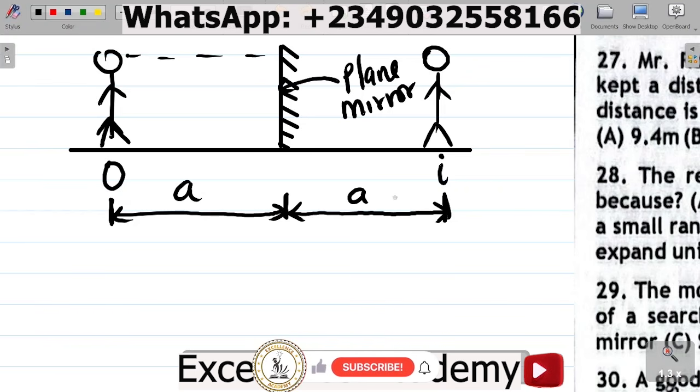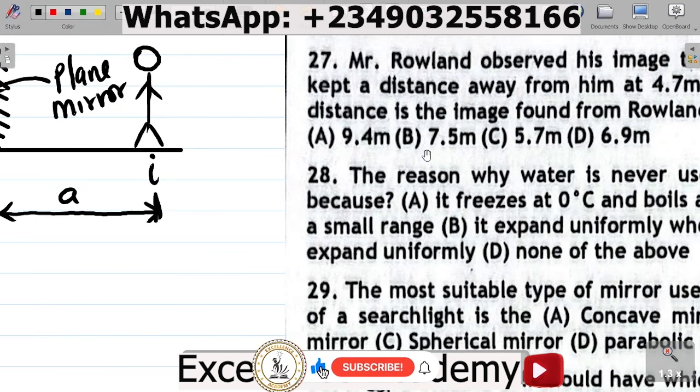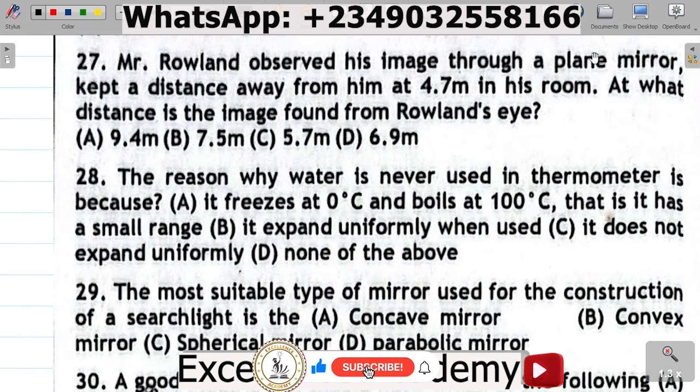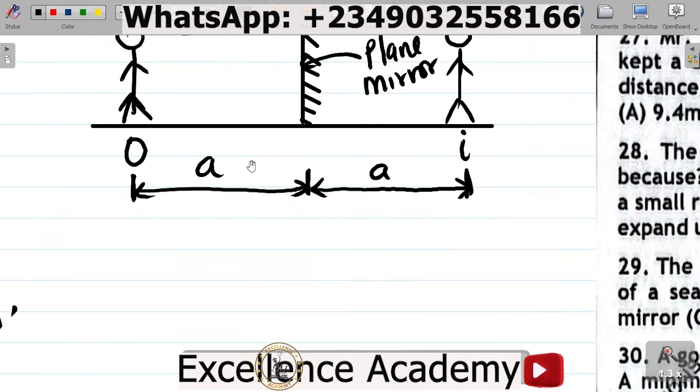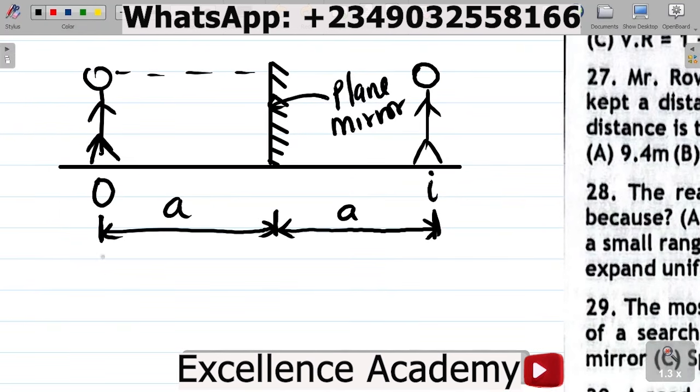That's the concept. Now, they said Mr. Roland observed his image through a plane mirror, kept a distance away from him. So the distance between him and the plane mirror is 4.7 meters in his room. That means from here, Mr. Roland, the object, up to your plane mirror, it's about 4.7 meters.